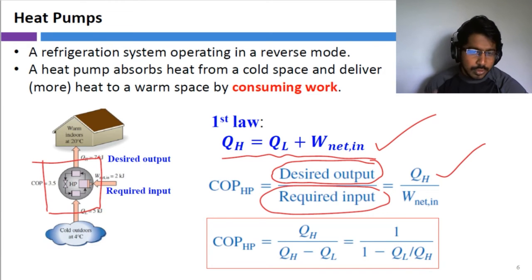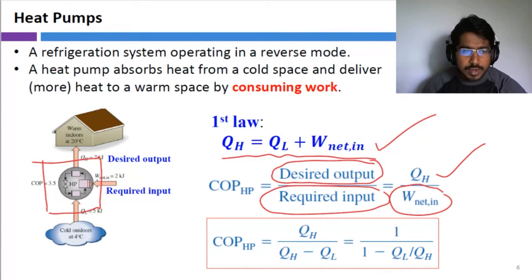Our goal is to heat our house, right? So QH is our desired output, and required input is the input that we give, W net in, the input that we add into our compressor, right? So then, as we did in earlier steps, we can substitute W net by QH minus QL, and then we end up coming here.